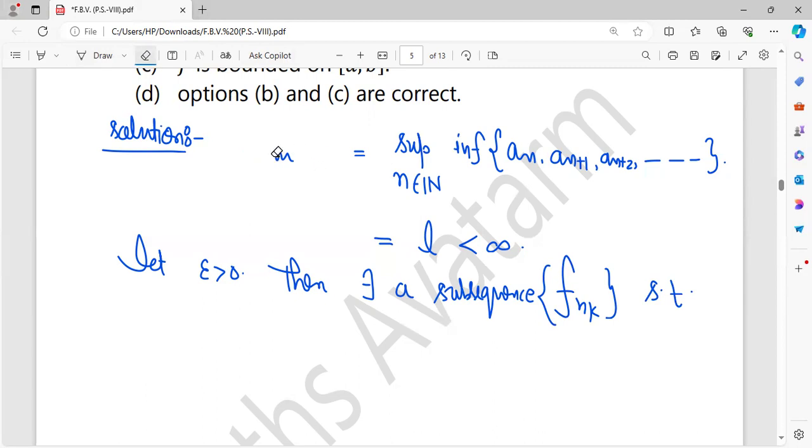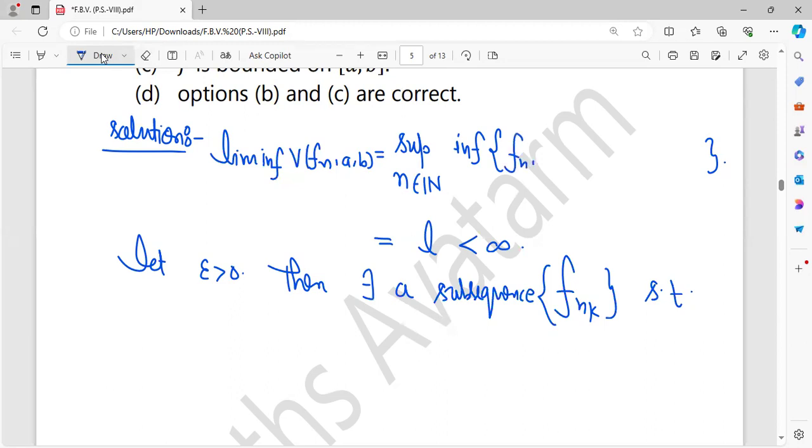This is the limit inferior I'm taking of the sequence of variations V(F_n, [a, b]), which is the supremum over n of the infimum of V(F_(n+1)), V(F_(n+2)), and so on.